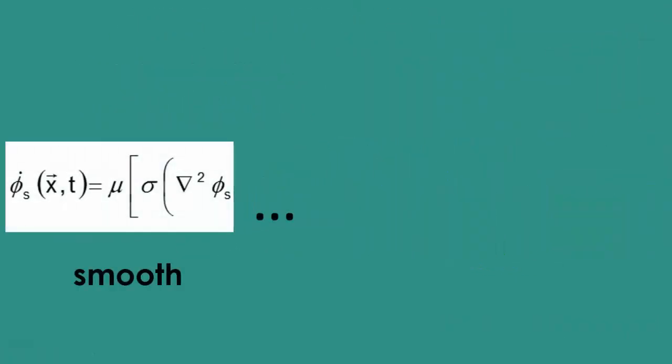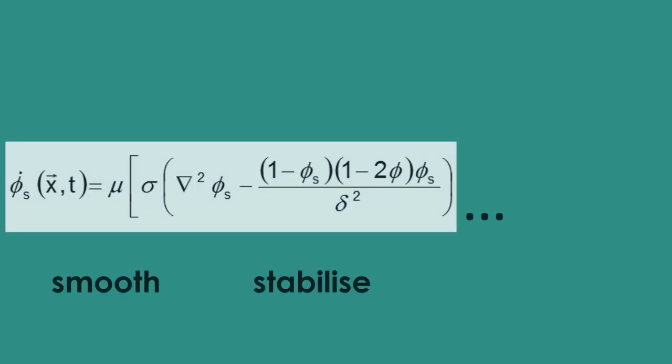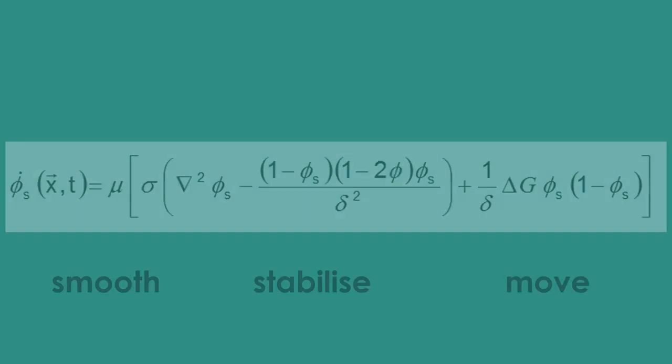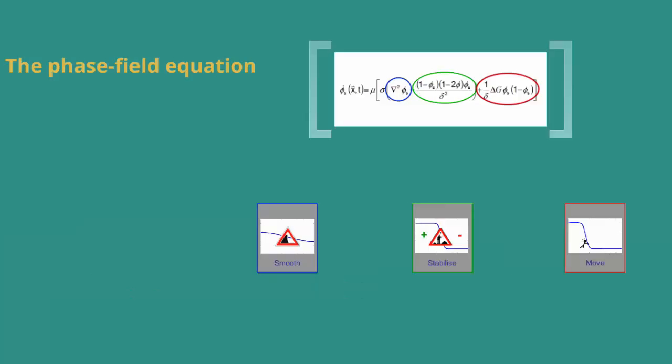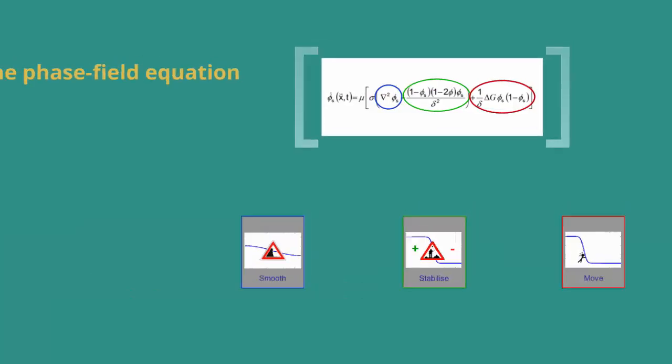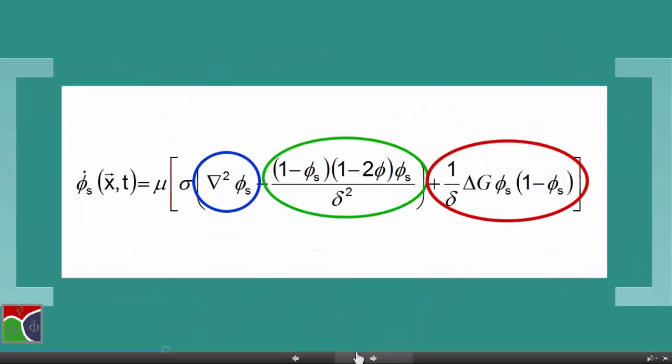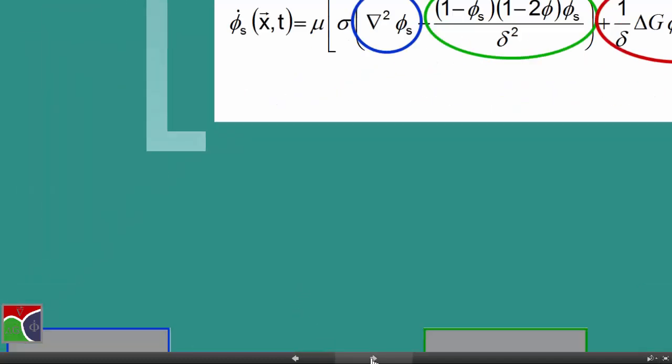To get some impression about the phase field equation, here we have a simplified view, but it's a very instructive view. In order to understand or to motivate an equation for the phi dot, in the first approximation we just consider a diffusion type equation where the phi dot is proportional to the nabla square phi.